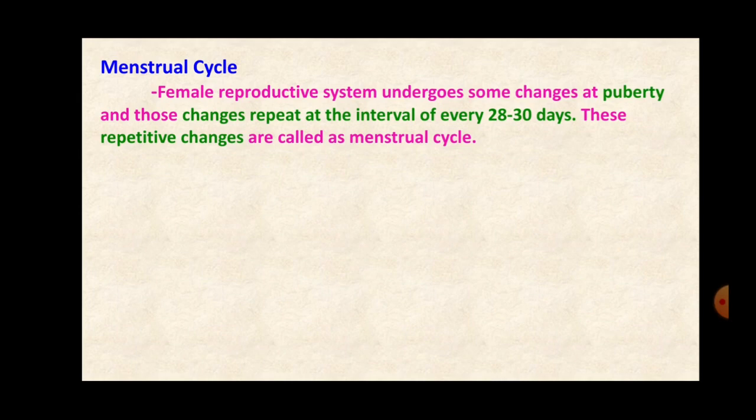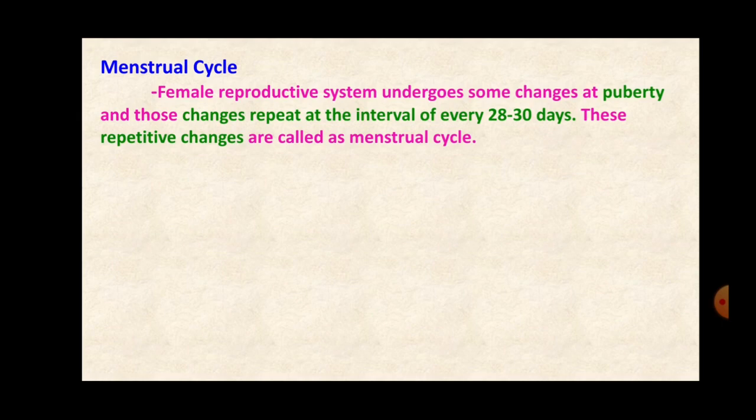I told you previously that implantation of the embryo takes place in the uterus and further development takes place, so the uterus has to be prepared. So this cycle has to take place. It is very much important.